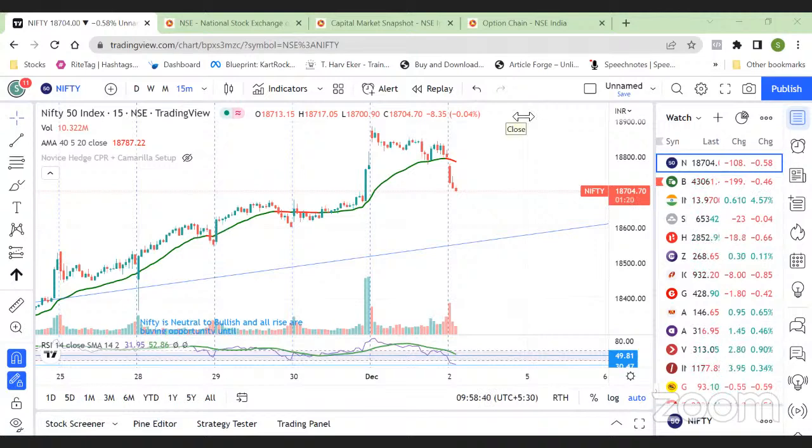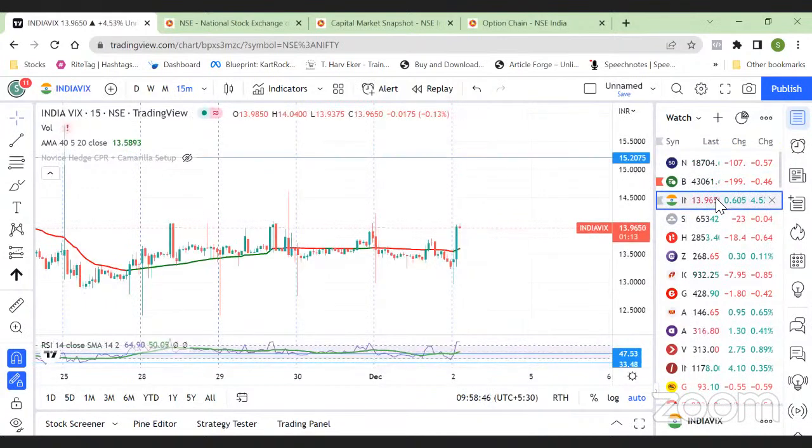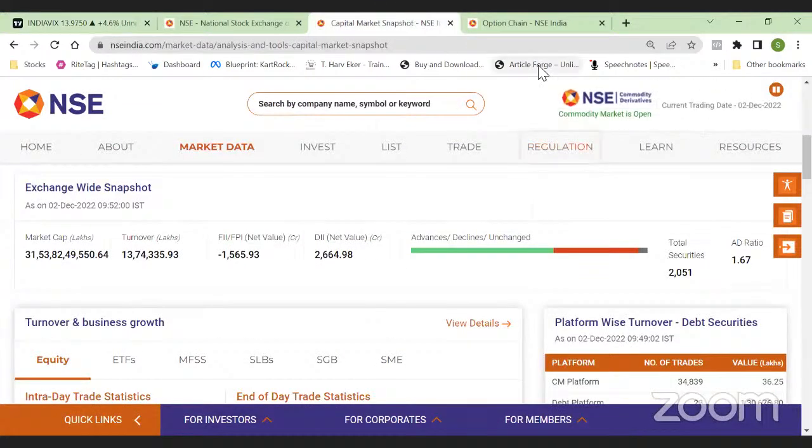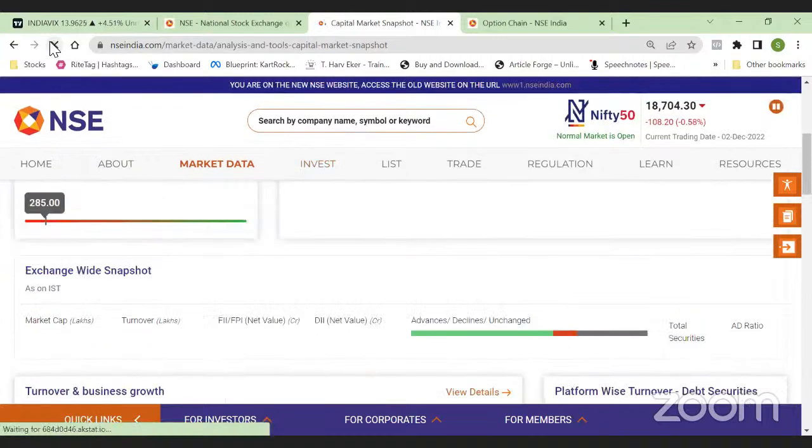So anybody has any other question? See, today, if we sustain this 14, 13.5, 14 plus weeks, the market is actually down. But at the same time, I'll tell you something, there is always a possibility of the market doing stop loss hunts.